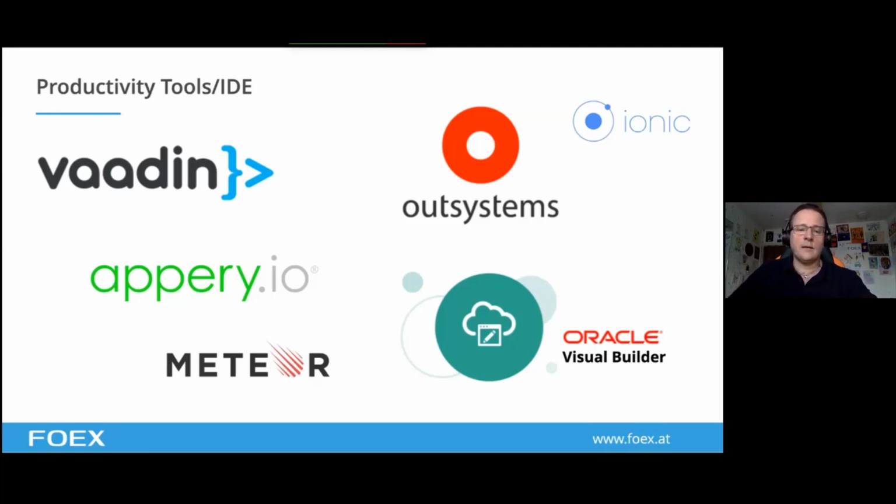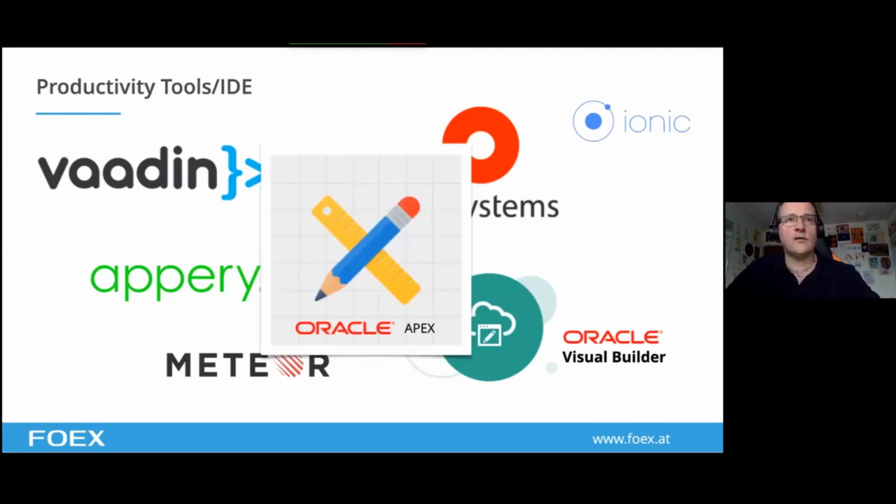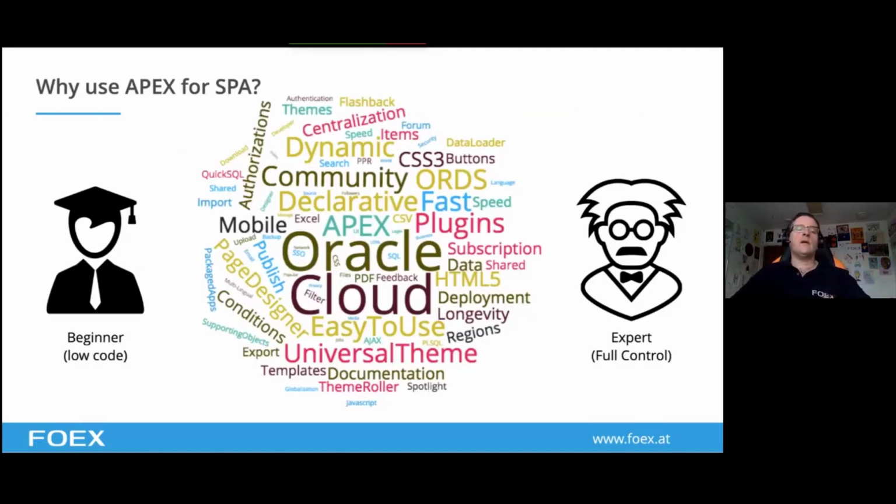But in our opinion, and I'm pretty sure in all of your opinions too, because pretty much everyone dialed in is an Apex developer, Apex is a wonderful framework, a very productive environment, but a very flexible one too. So why would we want to use Apex for single page application development? Well, for many reasons.